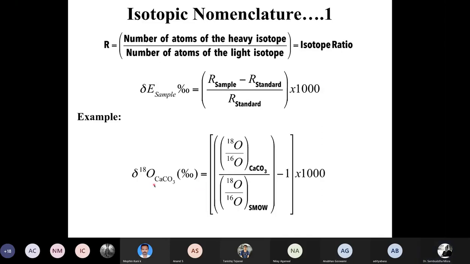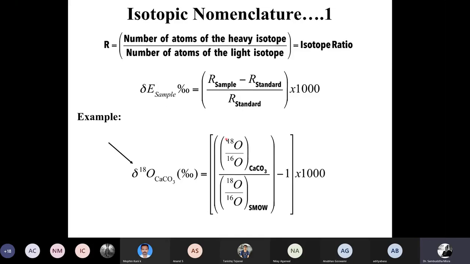Okay. For example, delta 18O of calcium carbonate is given as the 18 to 16 oxygen ratio in calcium carbonate over the 18 to 16 oxygen ratio in SMOW, minus 1, times 1000. SMOW here stands for standard mean ocean water. So for every isotopic composition that's been reported, you need to know what standard it's been reported with respect to.